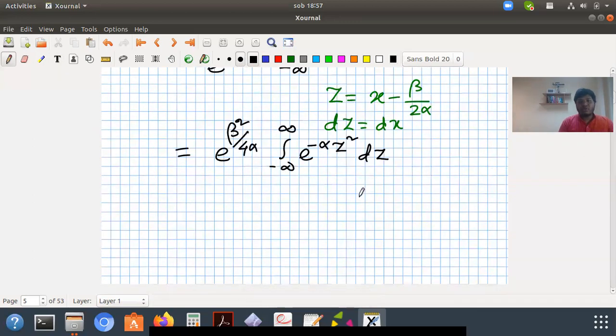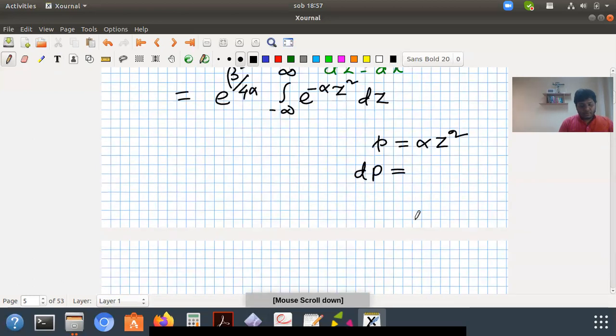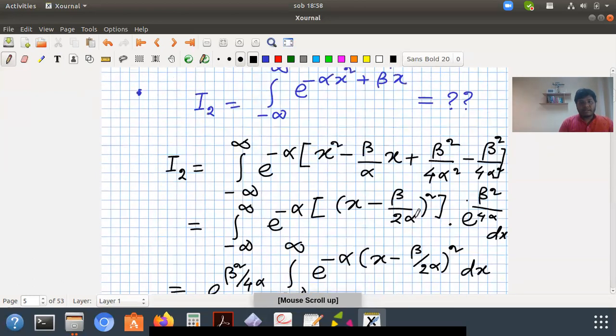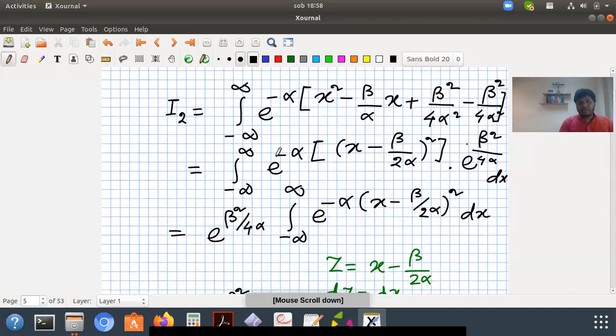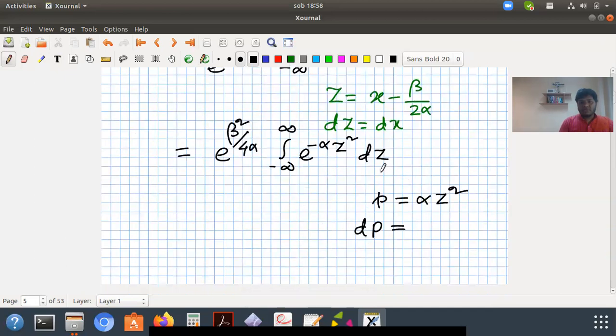And now we can do one more change. Let's consider p equals alpha z square. So dp equals, so what was the formula? We just derived one identity and we want to use this identity. Okay, so let me go back. Let's take p square.